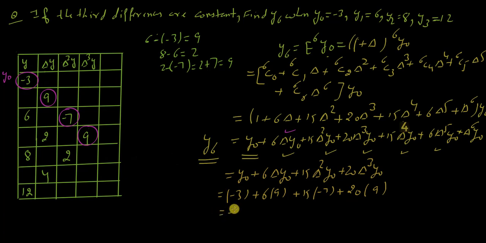So this will be minus 3 plus 54 minus 105 plus 180. The positive terms add up to 234, and the negative terms together, when subtracted, will give 126.